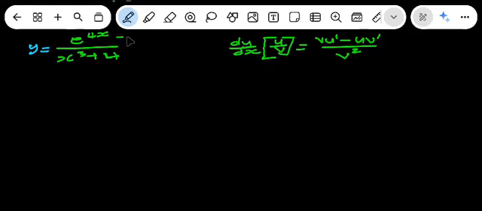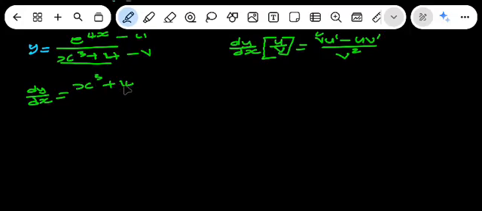The top part, we'll let it be simply u, the bottom part will be v. All right, let us follow that. Then we want dy over dx. So you see, we don't differentiate v. That means we'll write this as it is. We have x cubed plus 4.